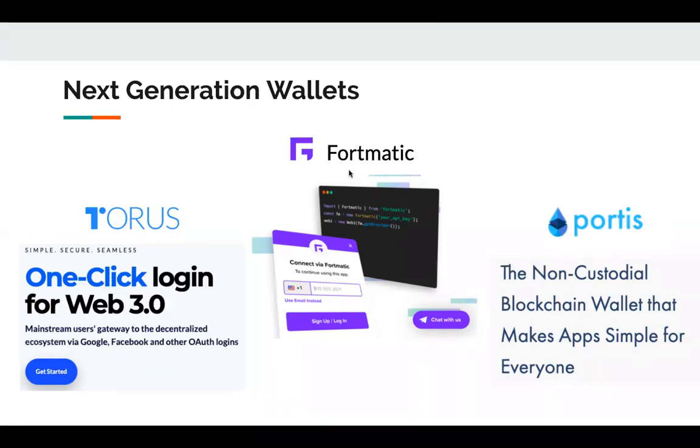Fortmatic is also a Web3 wallet that enables you to create your blockchain accounts using just your phone number and a password or an OTP. You are all familiar with the phone number and OTP flow. So Fortmatic is doing that. And Portis is also a blockchain wallet that enables you to create a blockchain account just using your email ID and a password.